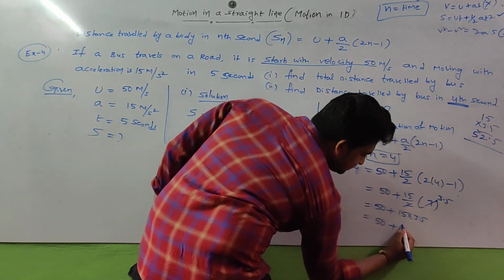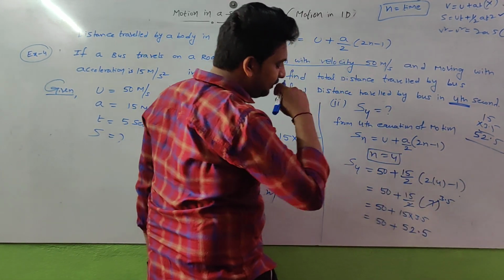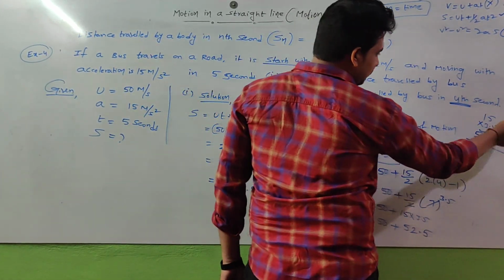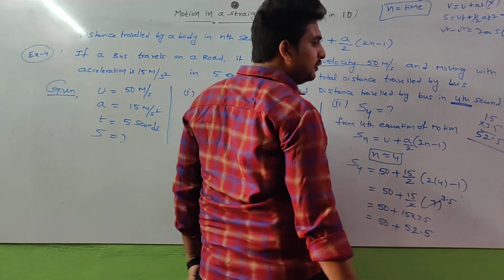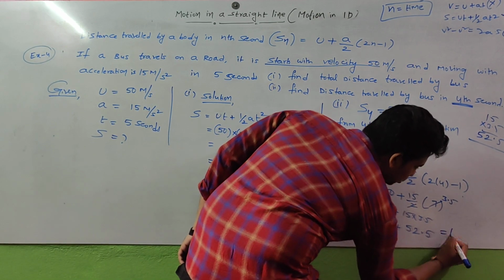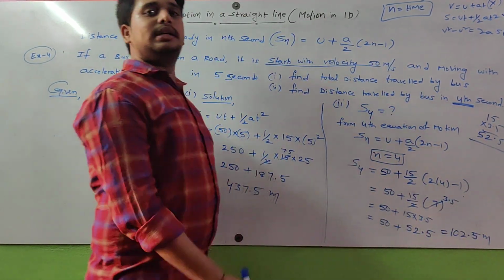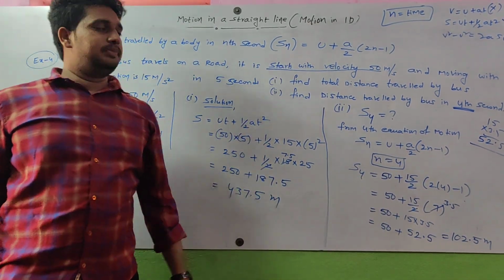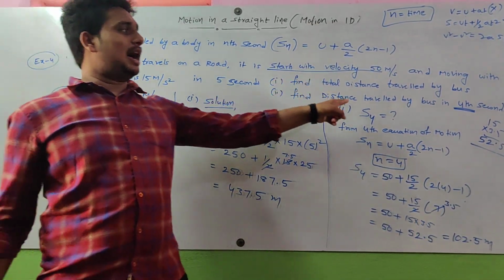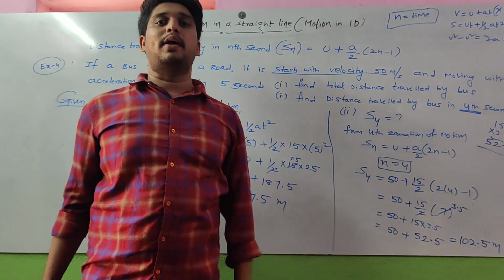So the total value for this one is 52.5. So 50 plus 52.5 is 102.5 meters. So in the second part, the distance traveled by bus in the fourth second is 102.5 meters.